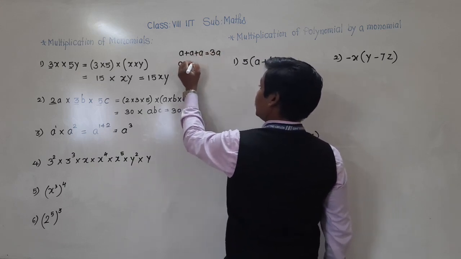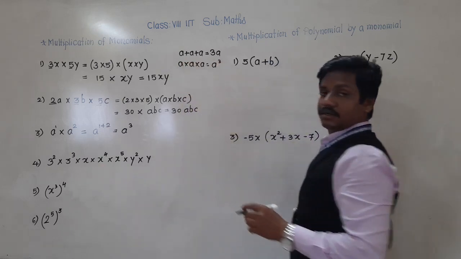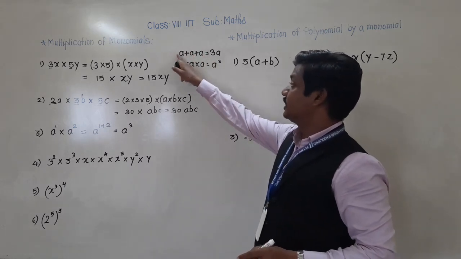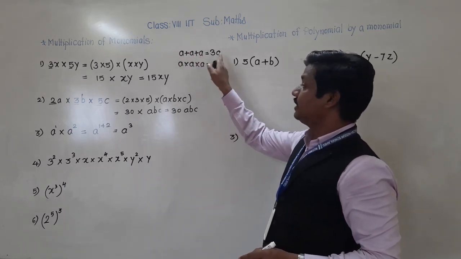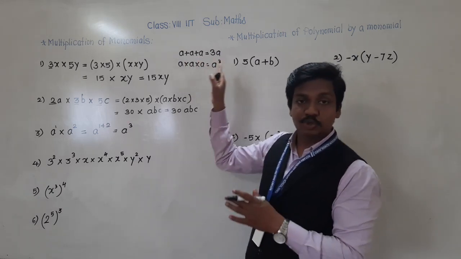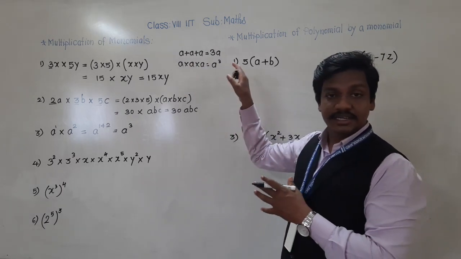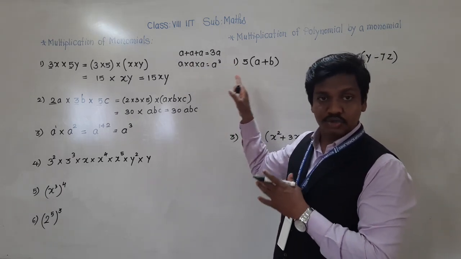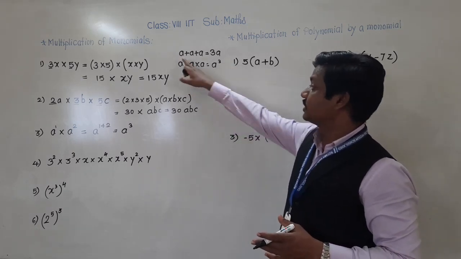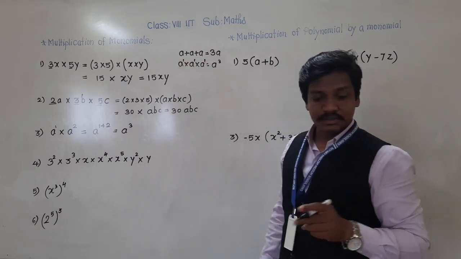But a into a into a becomes a raised to 3. See this difference. a plus a plus a, that is 1a plus 1a plus 1a, total 3a, and a multiplied by a is, here students commit the mistake, they write 3a. So try to avoid such mistakes. a multiplied by a raised to 3, their exponents get added. Understood?